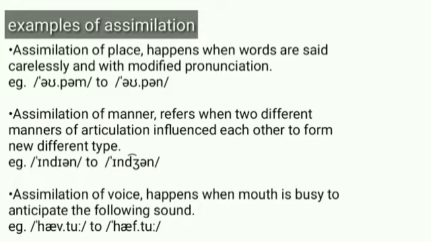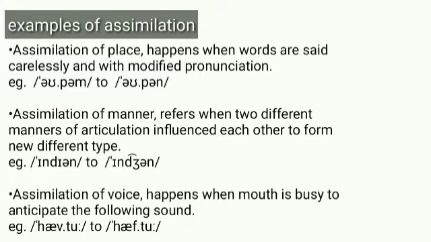Then assimilation of manner refers to when two different manners of articulation influence sounds on each other to form a new, different type. For example, Indian becomes Indians. The sound is changed, replaced by j sounds.